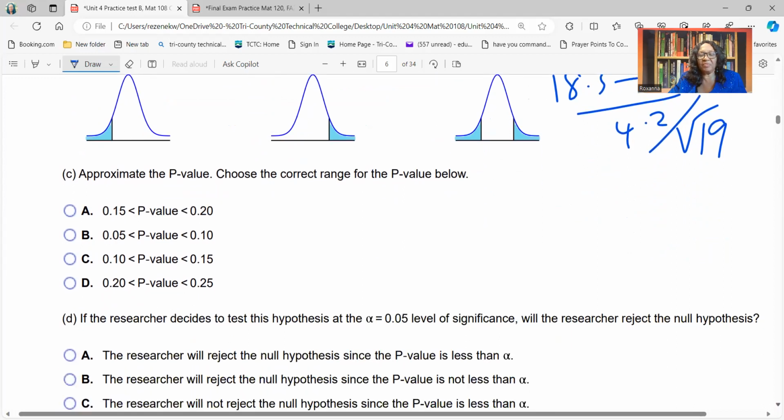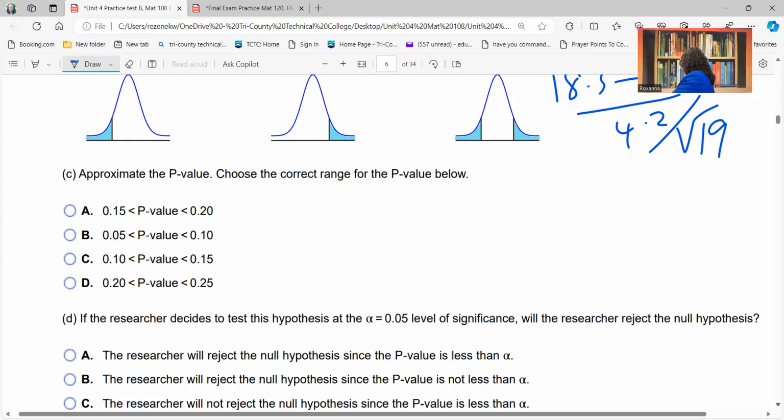Alpha is 0.05. So 6.9% is greater than 5%. Therefore, accept the null hypothesis because the p-value is greater than alpha. And even if you use the standard method, the T critical value or the test statistic will be in the acceptance region. So the p-value has already accepted the null hypothesis, and therefore you can say that the status quo still holds.